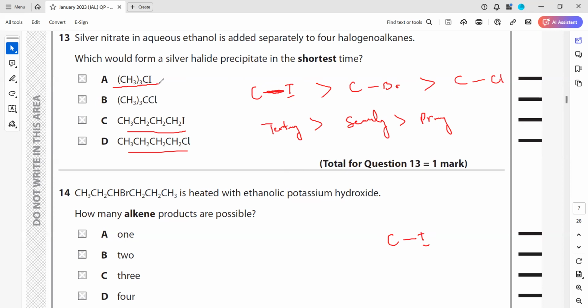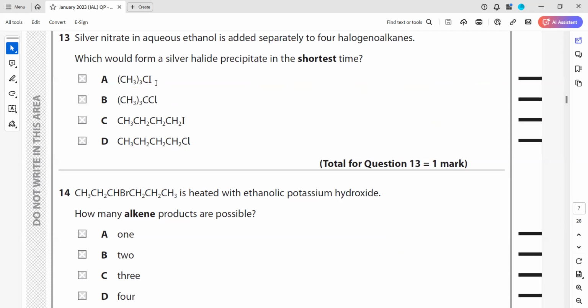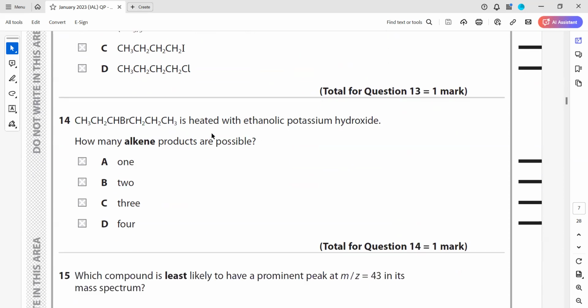So A is iodide, this is also iodide. But which iodide will break down faster? This is a tertiary. How is it tertiary? Because carbon, iodine, and then CH3. So this will break down much faster as compared to this one, which is a primary. So first you check what kind of bond, carbon-iodine, should break down, and then you check the type. So it should be carbon-iodine, and tertiary will break down much faster.